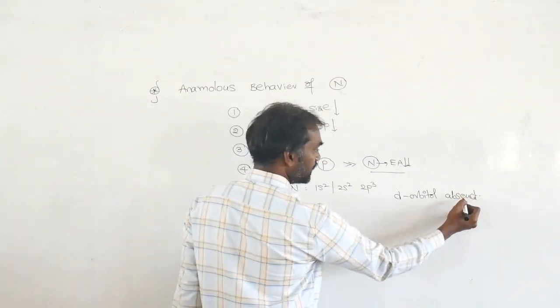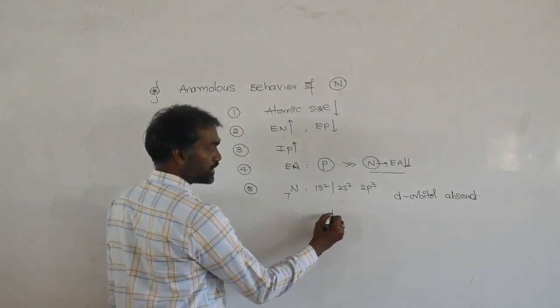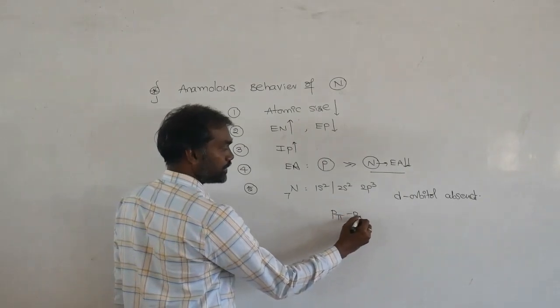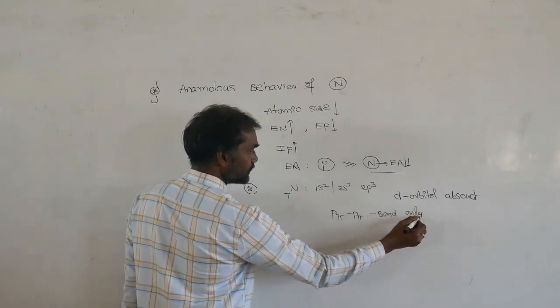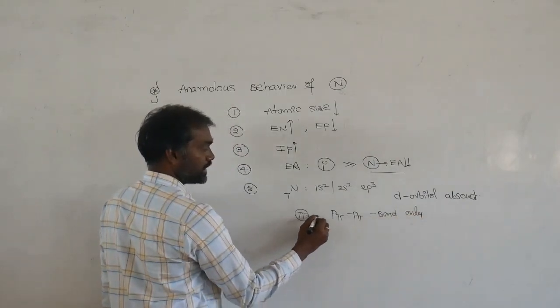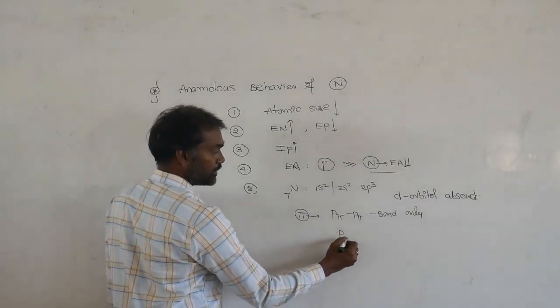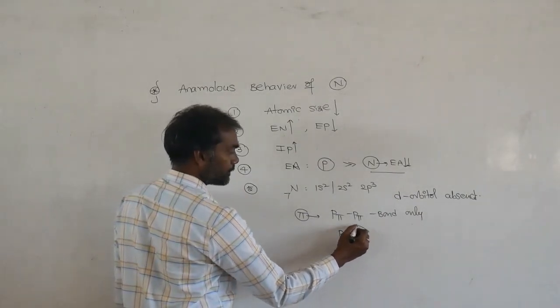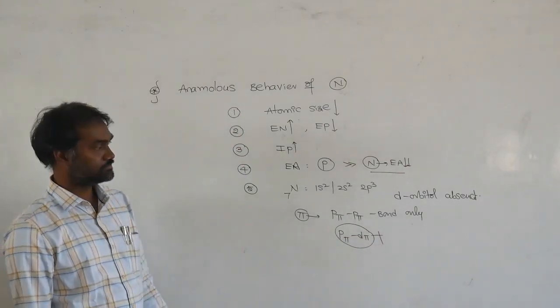That's why it is forming what? Only p pi bonds. So the pi bond is only p pi. It does not form p pi and d pi. This type of pi bond is not possible.